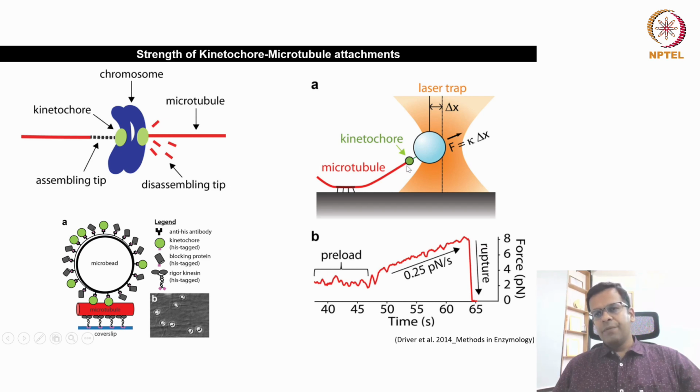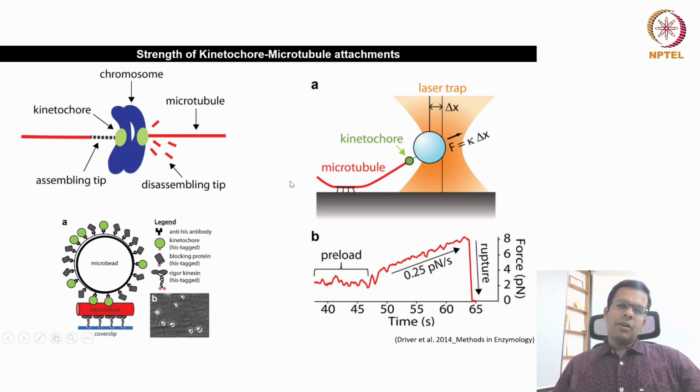This connection was broken, and that's why an abrupt release or reduction in the force was observed, which they called the force required for rupturing this connection. So how much force is required to rupture this connection? 8 piconewton force is required to rupture this connection.